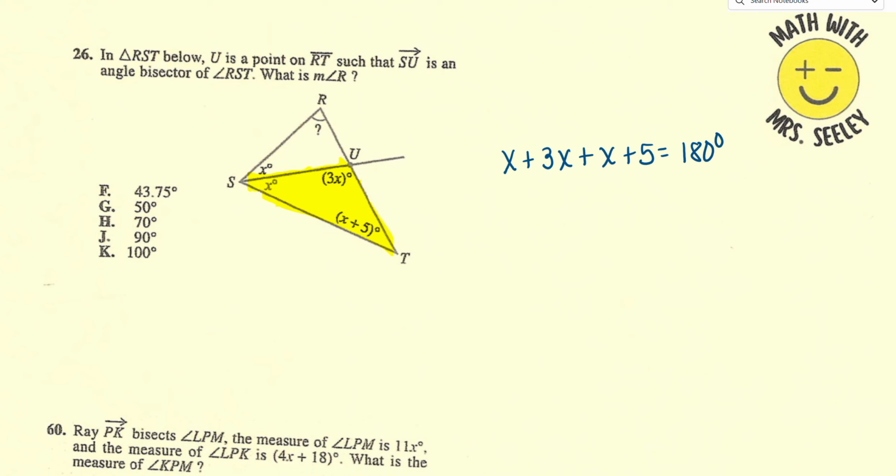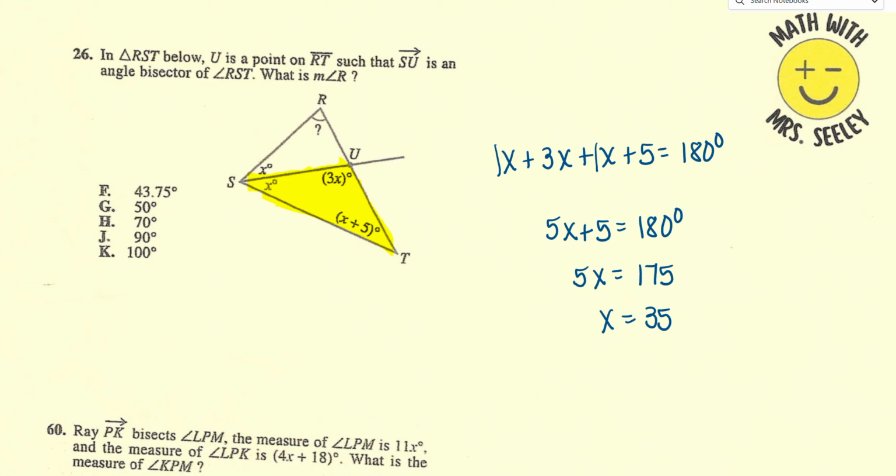So solve your equation. 1x plus 3x plus 1x is 5x plus 5 is equal to 180. Subtract your 5 over. 5x equals 175. Divide by 5, and x is 35.